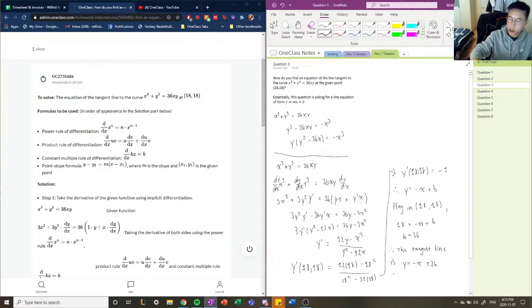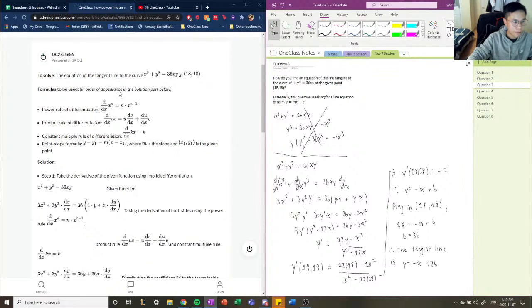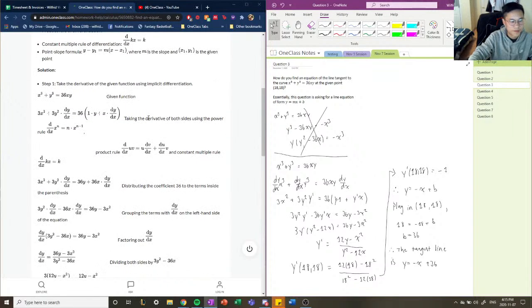So that is our solution to this problem, and we came to the solution through implicit differentiation instead of explicit. So do not try to explicitly differentiate this. This will be a mess. I mean, you guys can try.